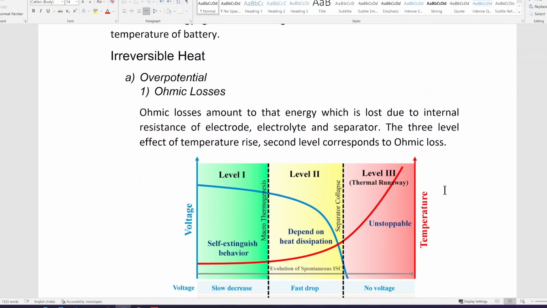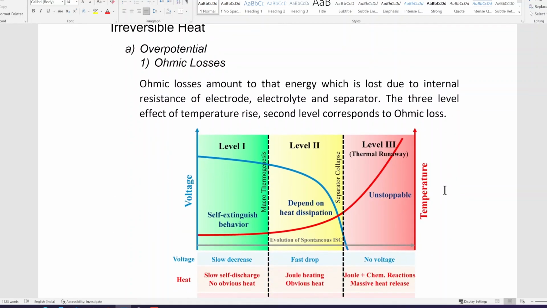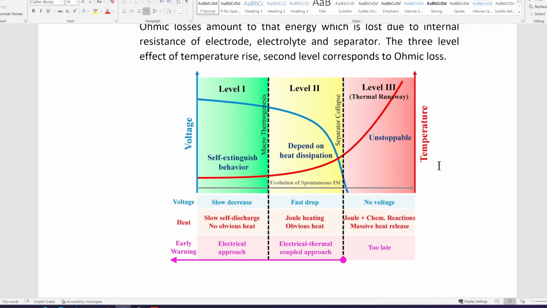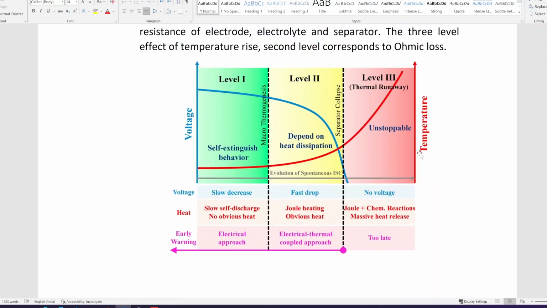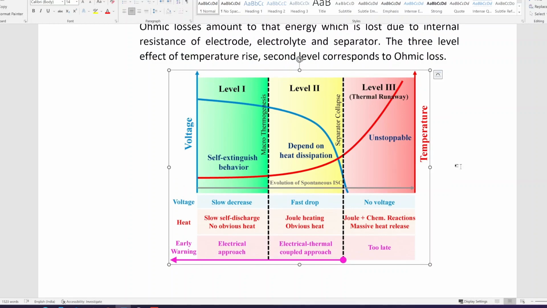So let's take a look at the irreversible heat. Let's consider this illustration and try to interpret. Here we have voltage on the x-axis, and on the other side we also have the temperature in red.